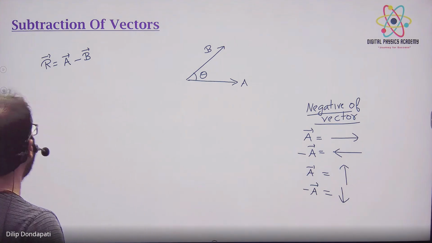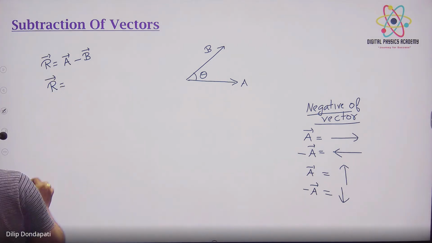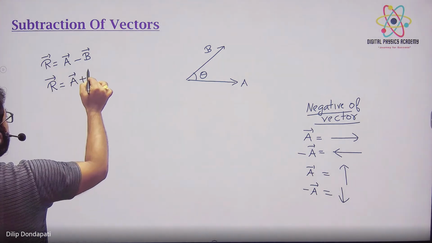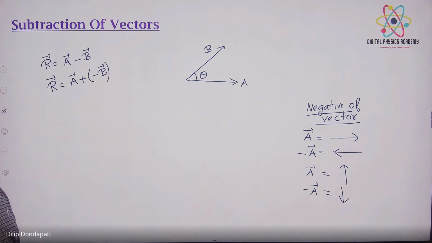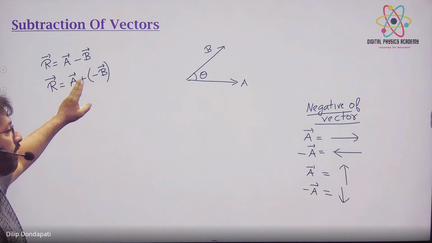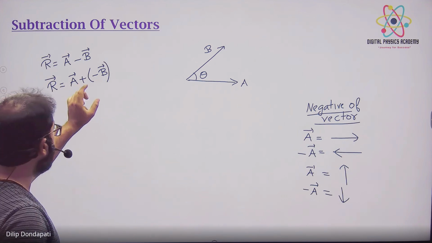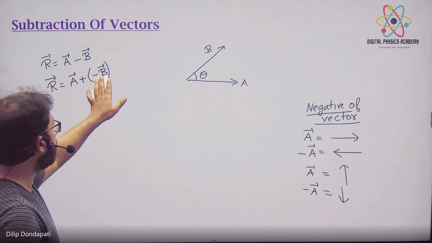Okay. Now see. R vector is equal to, I can write like this, a vector plus minus b vector. Right? A vector minus b vector we can write. Now that means we are indirectly adding two vectors, a vector plus minus b vector.